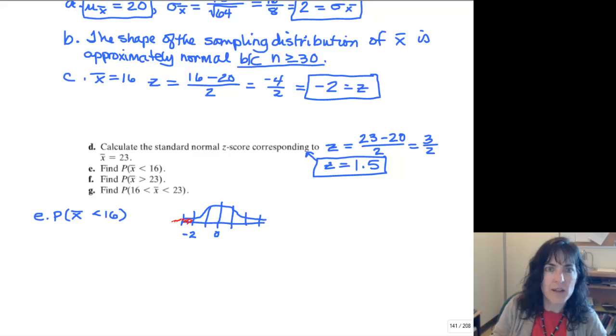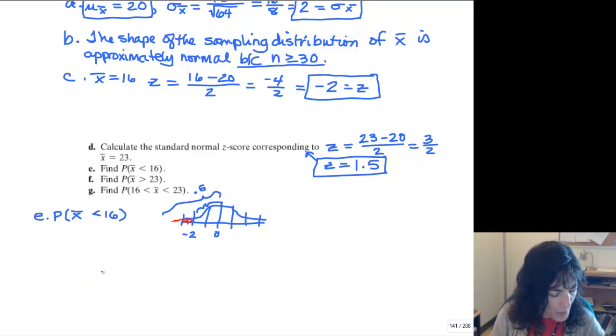And to find that, remember, I will need to find this entire region here, which is 0.5, minus this little region here, which I need to look up. So it'll be 0.5 minus the probability that z is equal to negative 2.